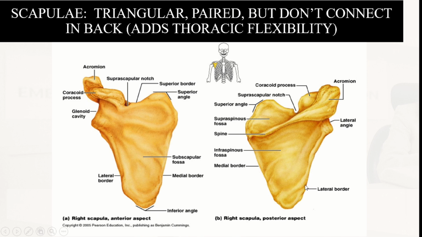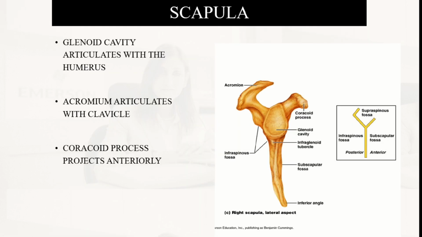Then the lateral border again, the same structures on this side. This is known as the supraspinous fossa, and this is the spine, and this is the infraspinous fossa, and this is the medial border. Okay, so we are done with the scapula as it looks from the back.